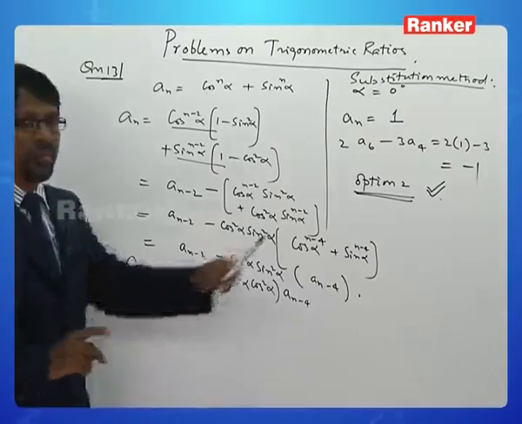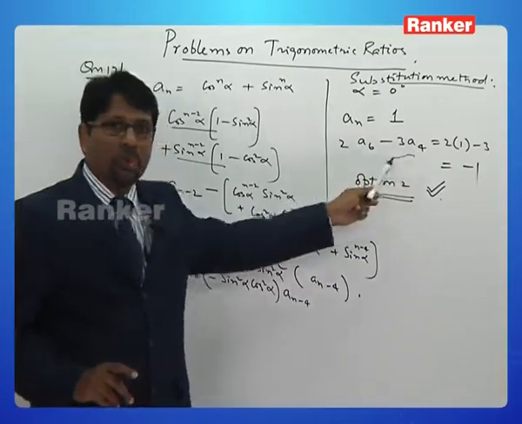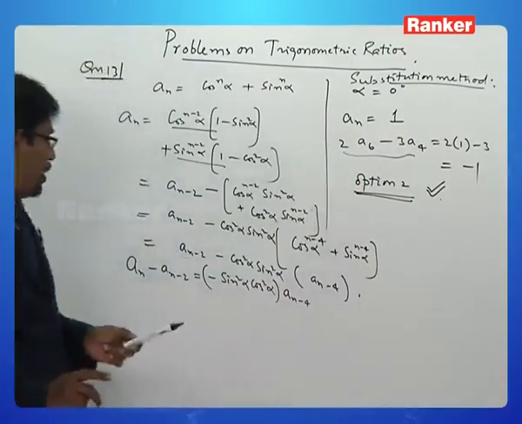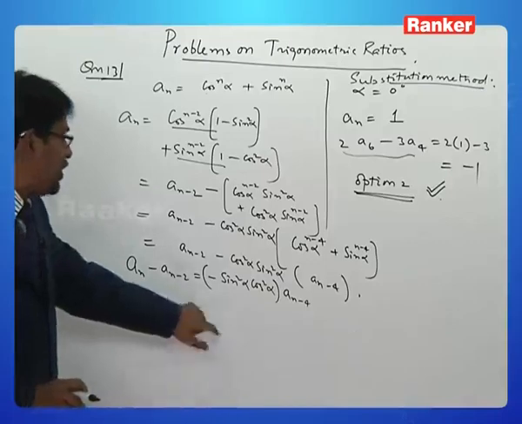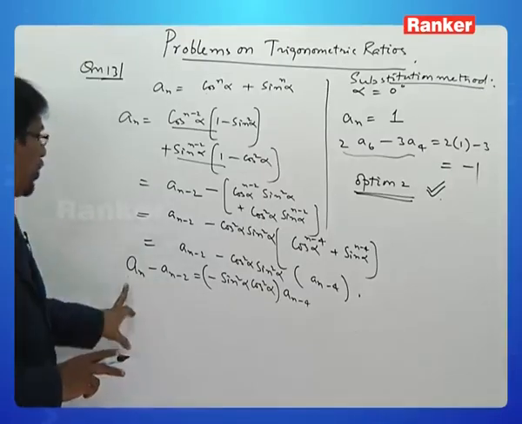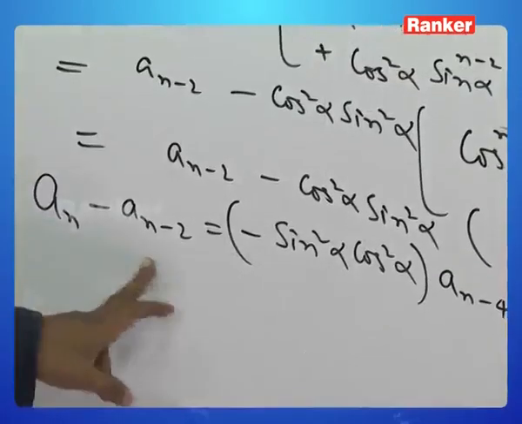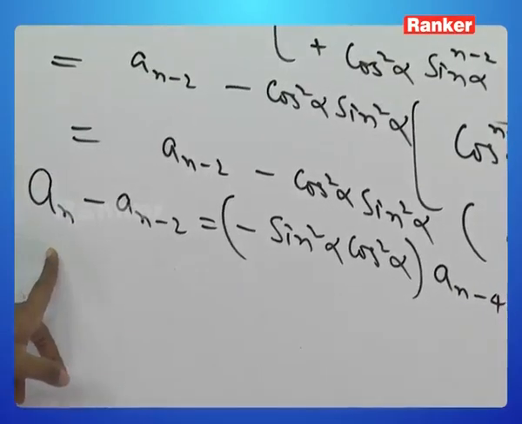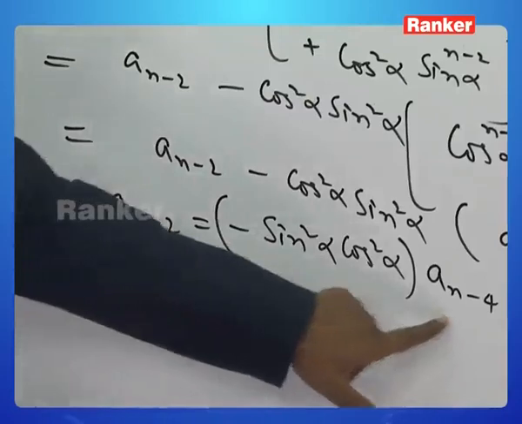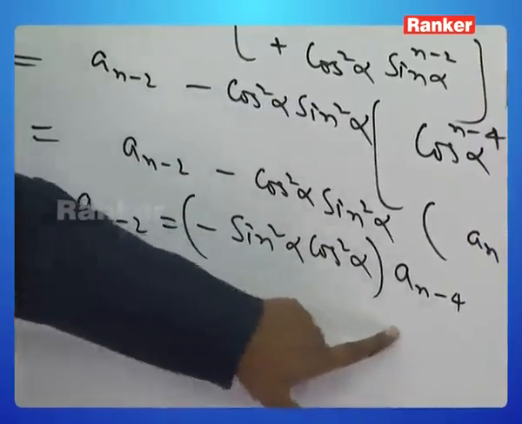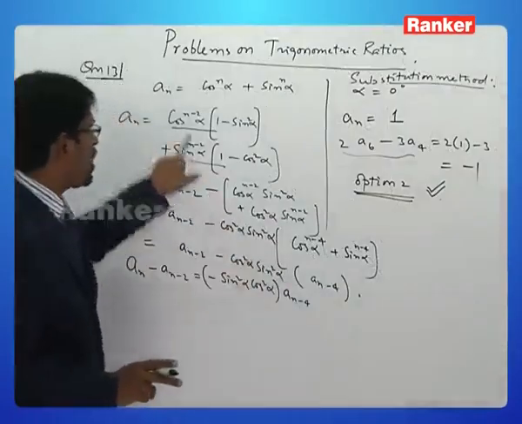Now what you wanted was 2a6 minus 3a4. So let's see how we can use it here. This is valid for all values of n. So how will I get a6 and a4 here? If I put n equal to 6 in this, I will get a6 minus a4, and n equal to 2, I will be getting a2 here. But what is a2?